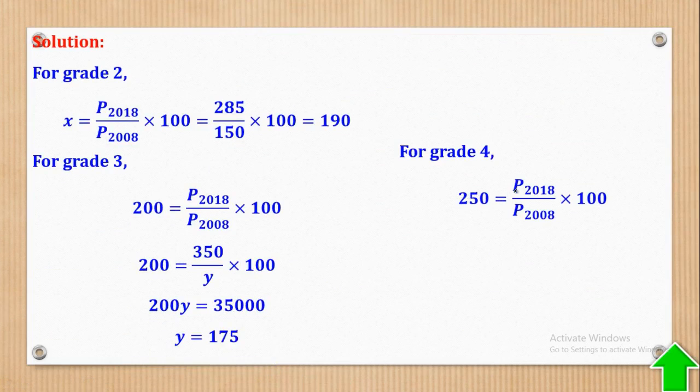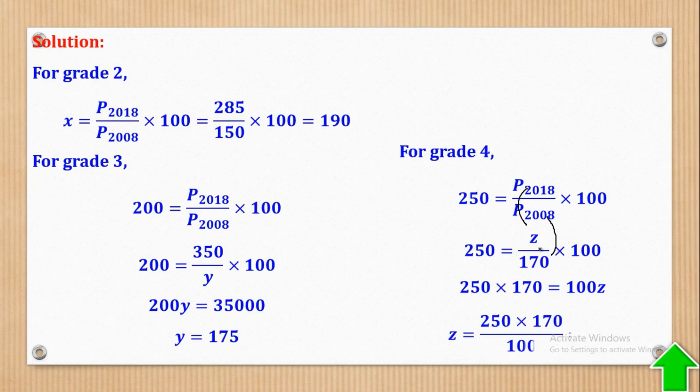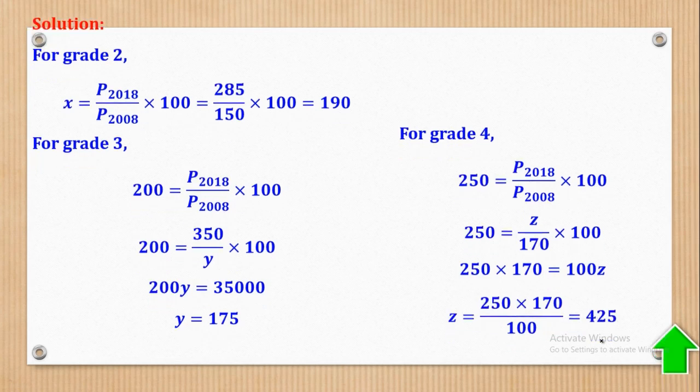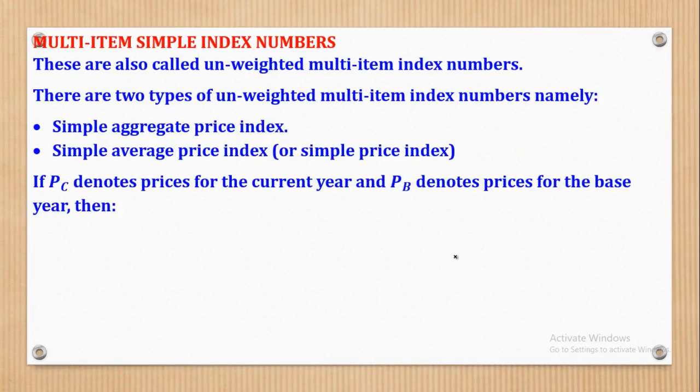So 250 will be equal to price in 2018 over price in the base year multiplied by 100, substitute this for that, this for this. Then look for making Z the subject by cross multiplying and then dividing by 100 on both sides to give you this as the value of Z. So that is how they deal with single item index numbers.